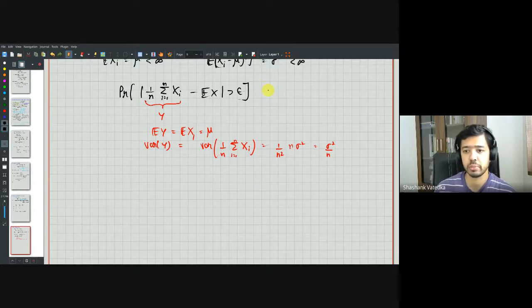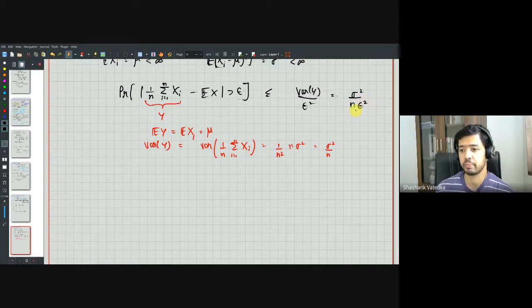So therefore, just by using Chebyshev's inequality, we know that this, which is basically the probability that |y minus expectation of y| is greater than epsilon, is less than or equal to the variance of y divided by epsilon squared, which is sigma squared divided by n epsilon squared.